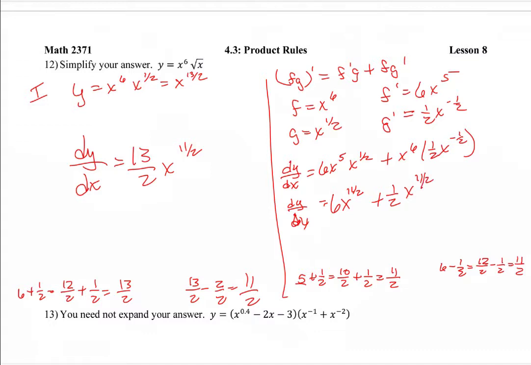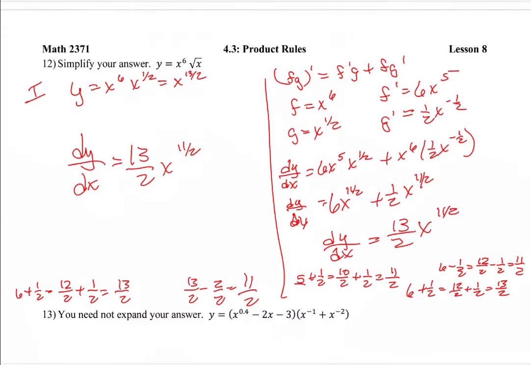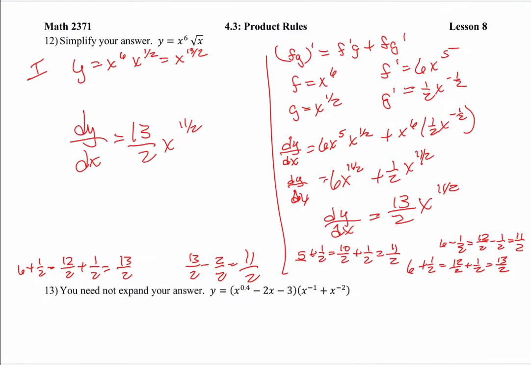All right, and so what is 6 plus 1/2? So that's 12 halves plus 1/2, so that's 13 halves. So I get dy/dx equals 13 halves x to the 11 halves. So I got the same answer both places. But using the product rule was a lot more fractions.